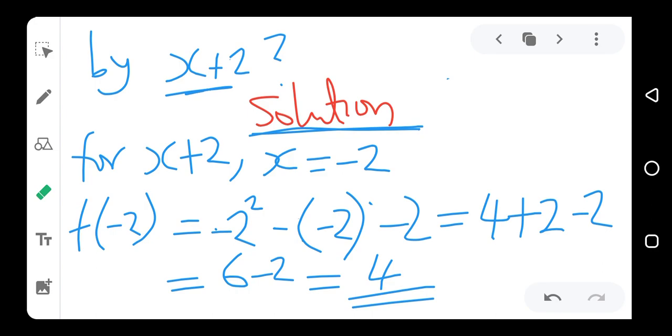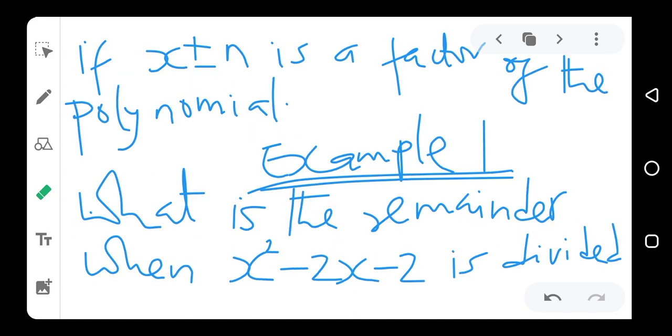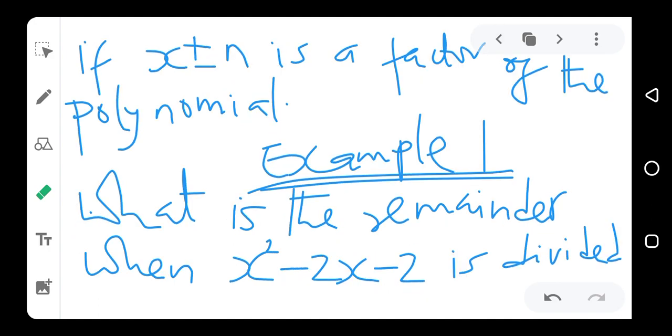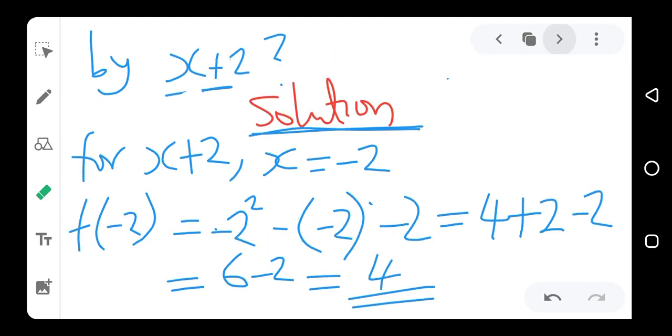We are not going to get a factor. When we divide the polynomial by this term, what we are going to get is 4. So that is what the remainder theorem is talking about.